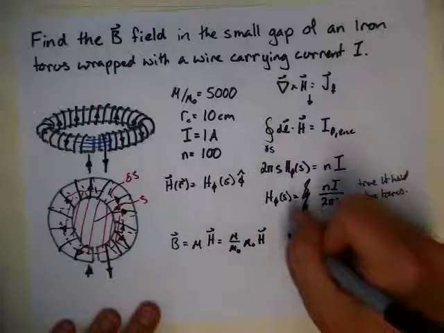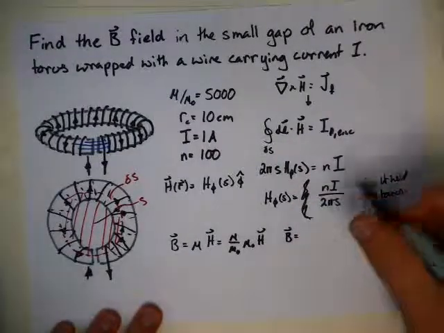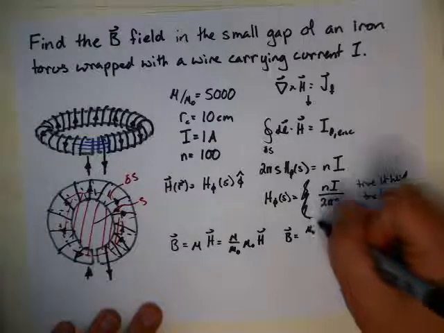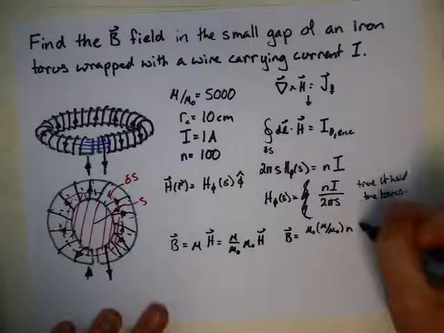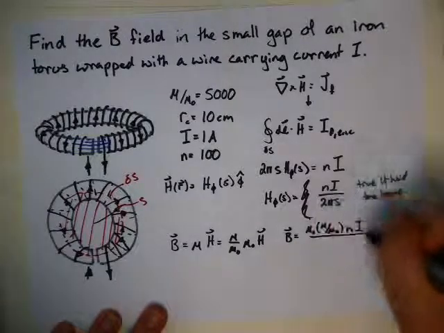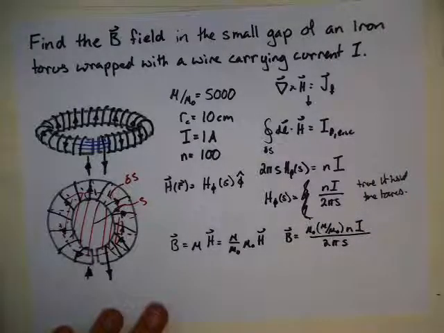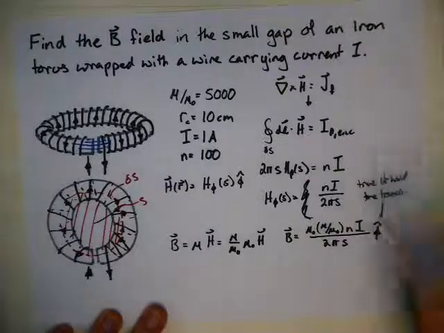We can write down B. So B, and this is again inside the torus, is going to be mu naught, mu over mu naught, N I over 2 pi S. Well, that's pretty cool. Phi hat. And again, this is inside the torus.